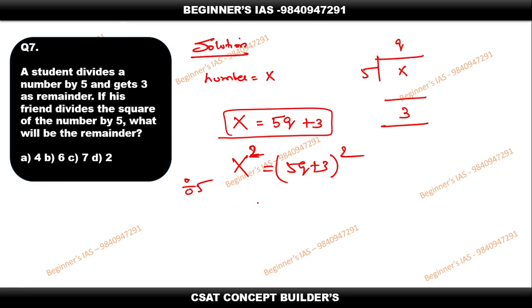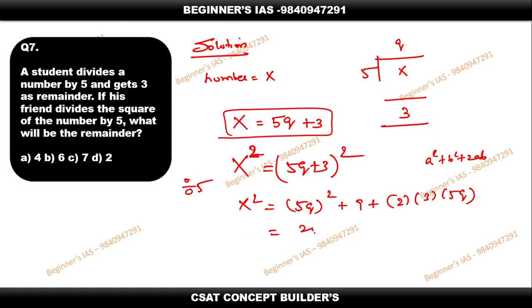So what is the logic here? You know the concept of a plus b the whole square. What is a plus b the whole square? a square plus b square plus 2ab. Simple, apply here. Therefore 25q square plus 9 plus 2 into 3 into 5q. Rearranging, 5 into (5q square plus 6q), and this 9 can be written as 5 plus 4.